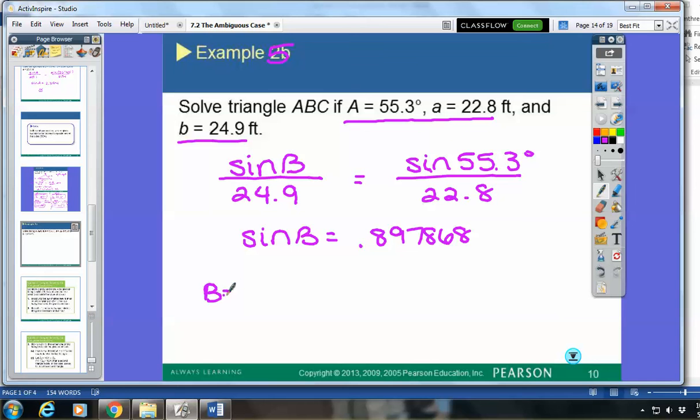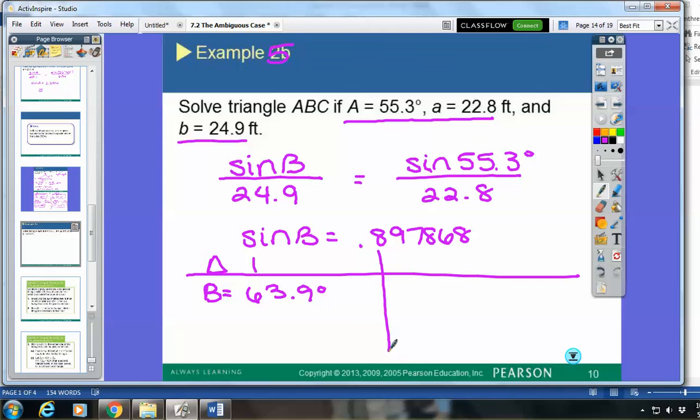And I get angle B to equal 63.9 degrees for triangle 1. What do you do for triangle 2? 180 minus 63.9 gives me 116.1 degrees.